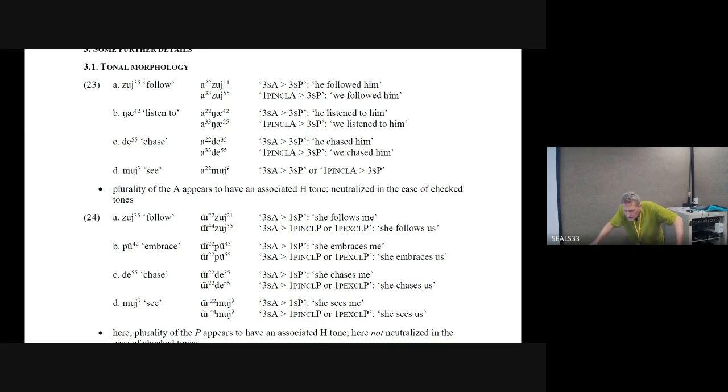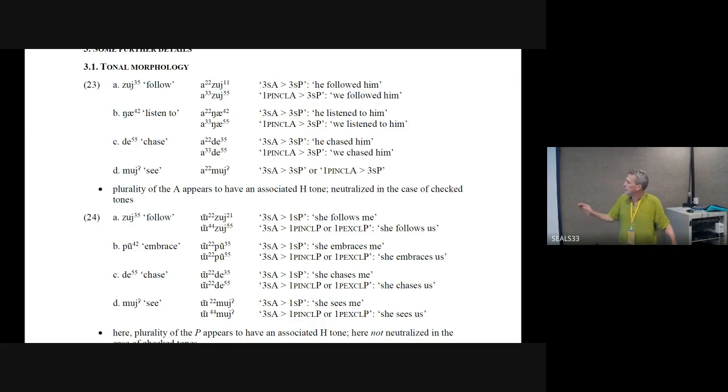Well, no, actually in all three of A, B, and C on the prefix as well. So it's a slightly higher tone. So the point here, plurality of the A appears to have an associated high tone. And this is actually neutralized in the case of the check tone verbs like to see.